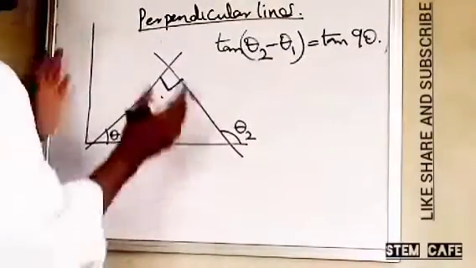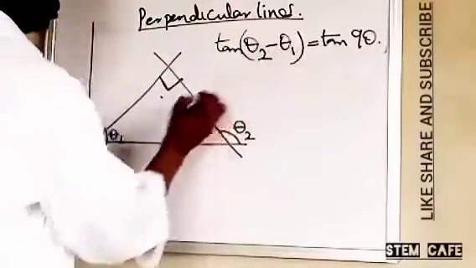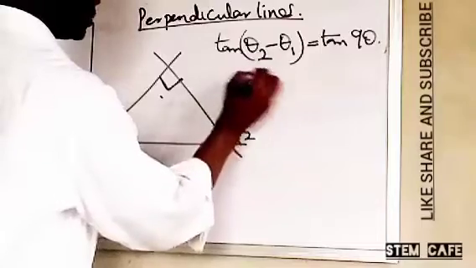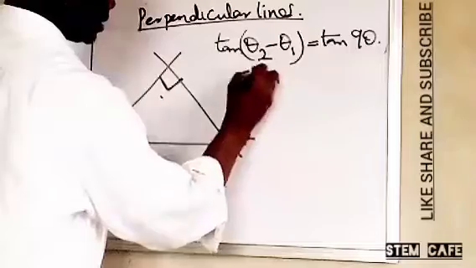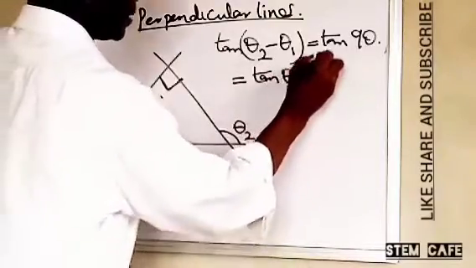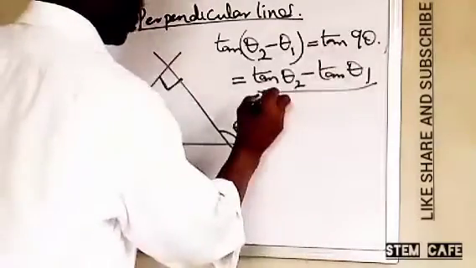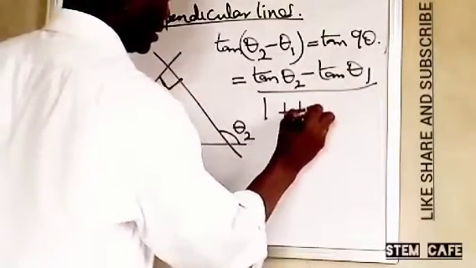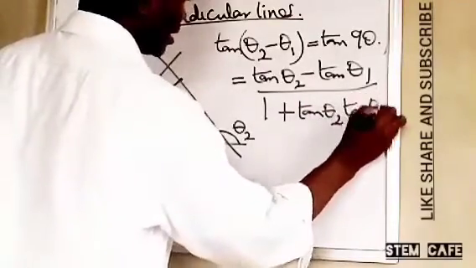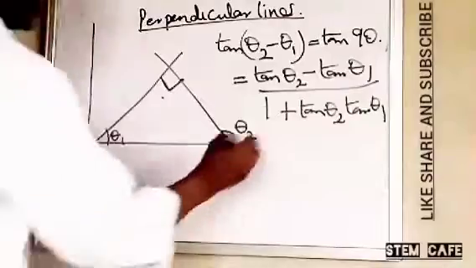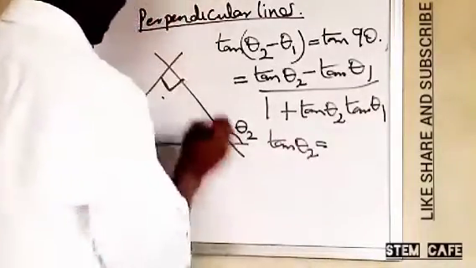Because we know that tan(θ2 − θ1) will be (tan θ2 − tan θ1) over (1 + tan θ2 tan θ1). We know that tan θ2 is the gradient of line 2.